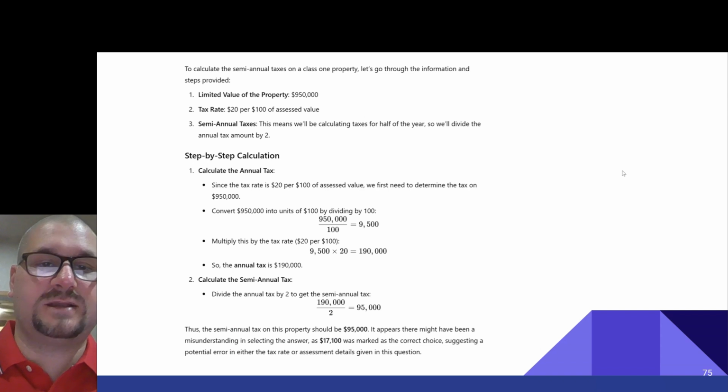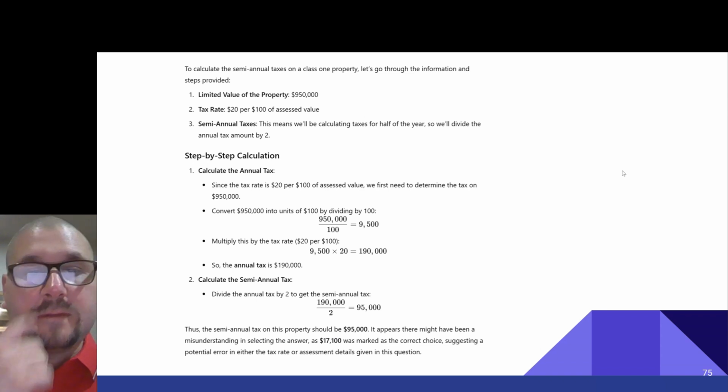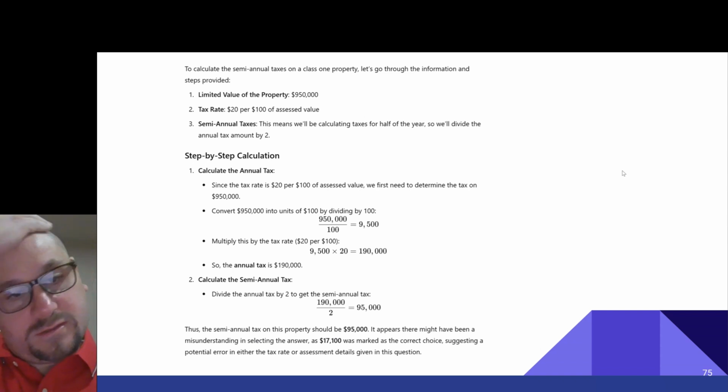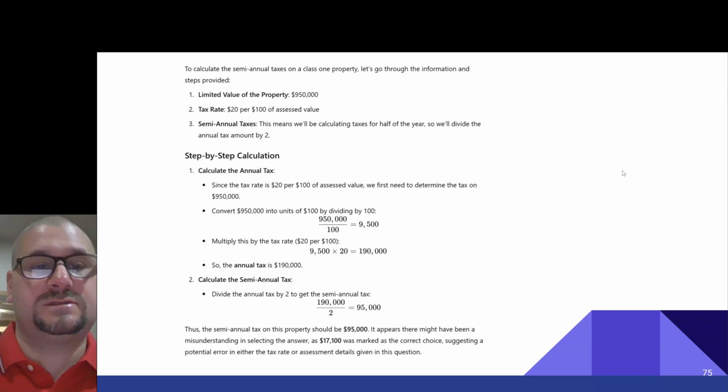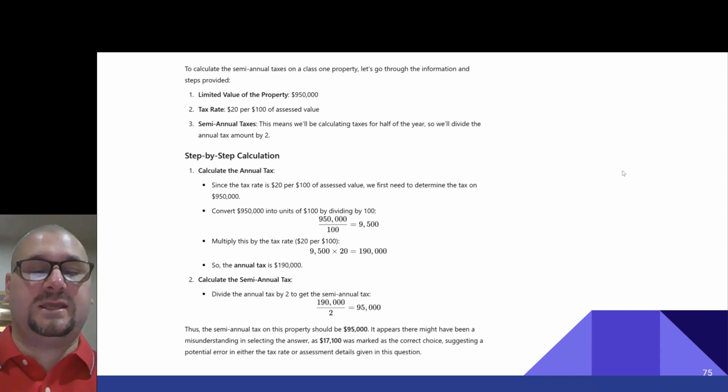Multiply this by the tax rate, $20 per $100. So 9,500 times 20 divided by 100 gives you $190,000. So the annual tax is $190,000.